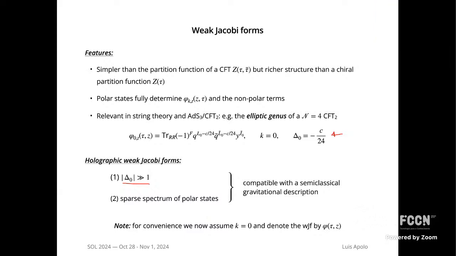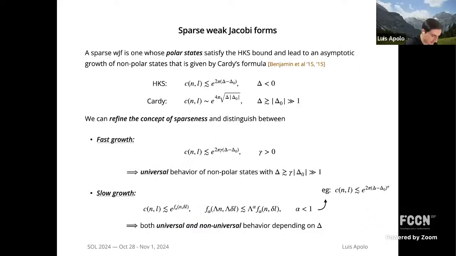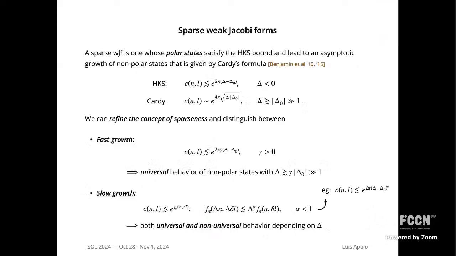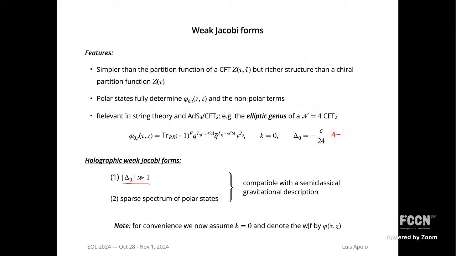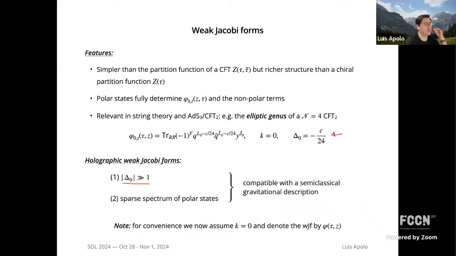Okay. Then in this case, it should be the unique weak Jacobi form of weight 0 and index 1, up to some rational constants, right? Yeah, up to some constant, yeah. Yes.